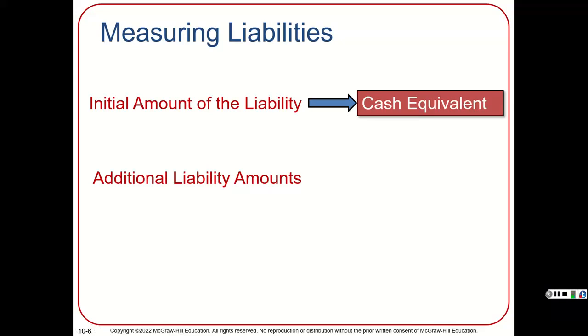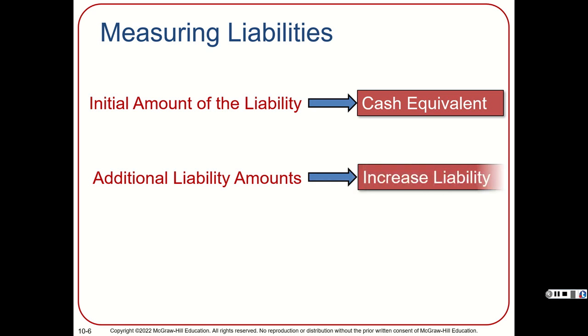So the initial amount of the liability is cash equivalents. So you're recording the initial amount of the liability. The company then records each liability at its cash equivalent, which is the amount of cash a creditor would accept to settle the liability immediately after a transaction or event.